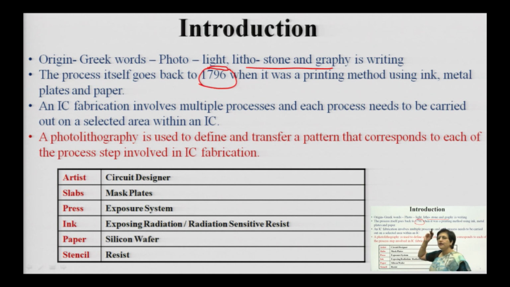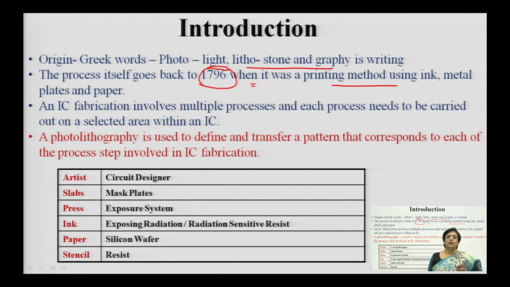The term originated way back in the 18th century, when it was used for a printing method using ink, a metal plate and paper. So, you were printing something, and for whatever patterns were being used, this process was first introduced way back in the 18th century.